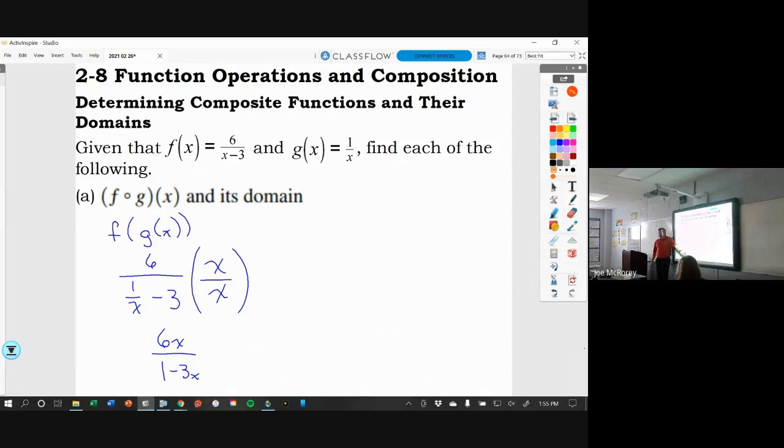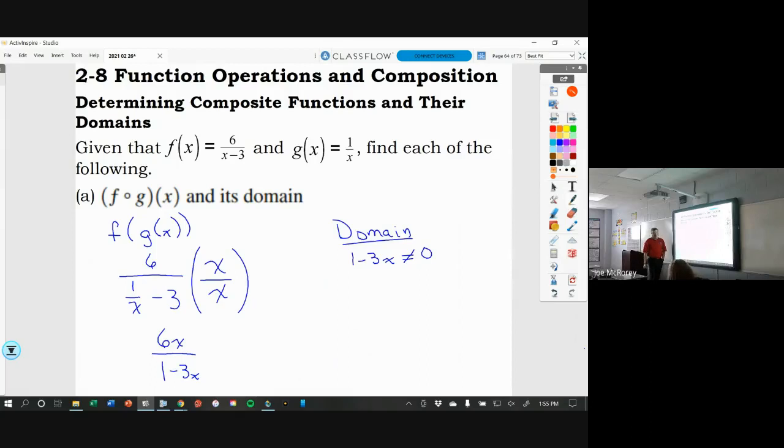Okay, where's my domain problem? It'll be really short. Bottom can't be 0. Okay, so let's talk about the domain. 1 minus 3x cannot equal 0.